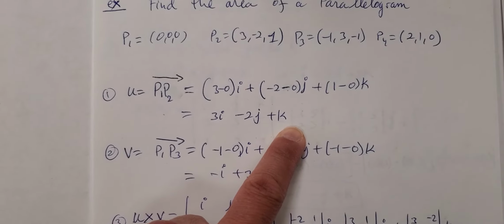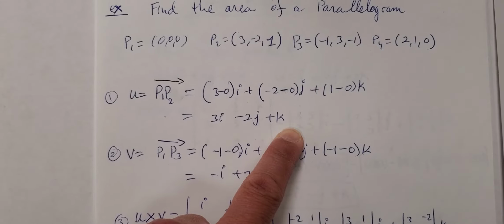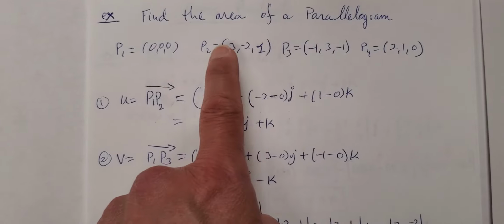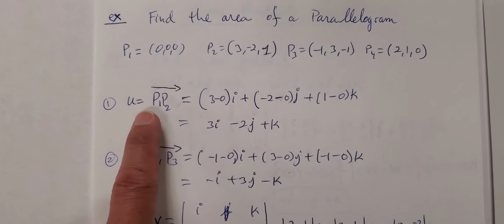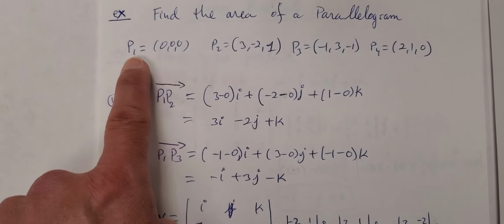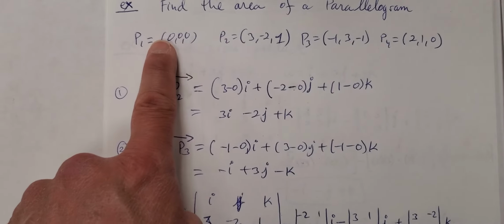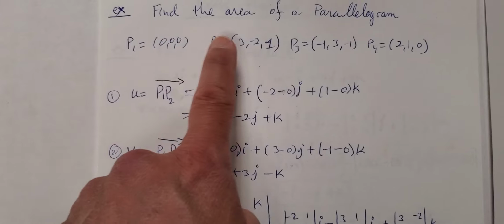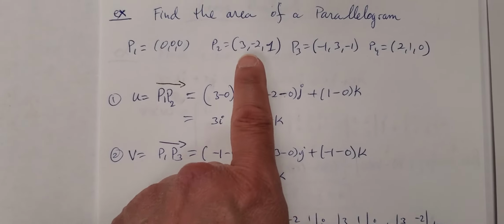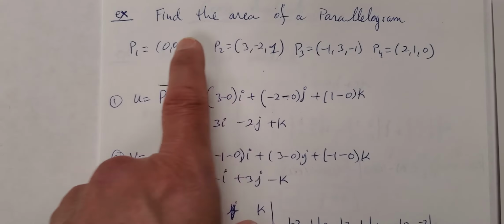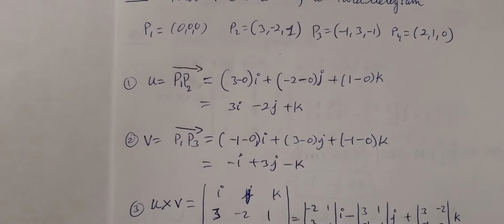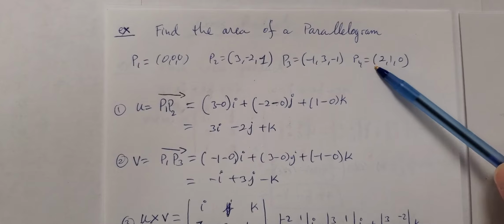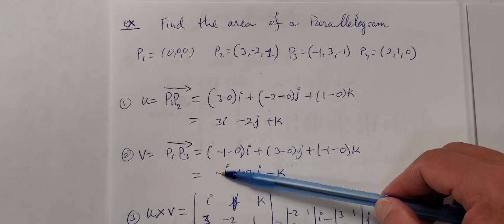Now to find the vector, all you have to do is subtract. So giving 4 points, we're trying to find two vectors.